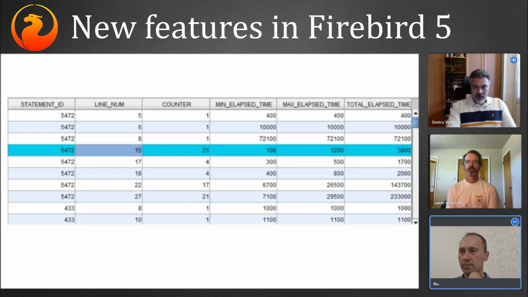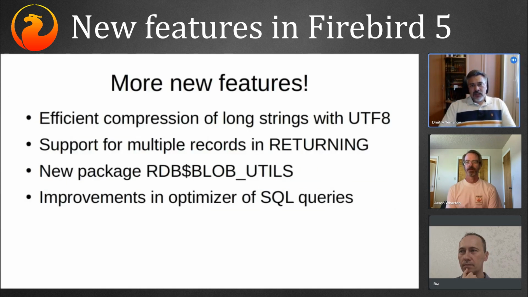Okay, good. Of course, the new features of Firebird 5 are not limited to the ones mentioned before. Some of them are also mentioned on this slide. It's a better record compression for long strings, especially those encoded in UTF-8. The returning clause in update, delete, and merge statements now supports returning cursors.